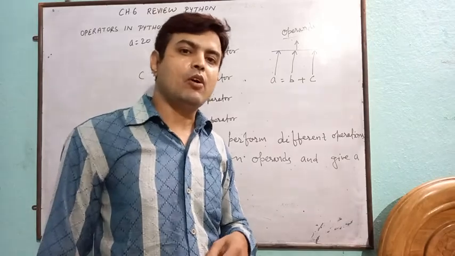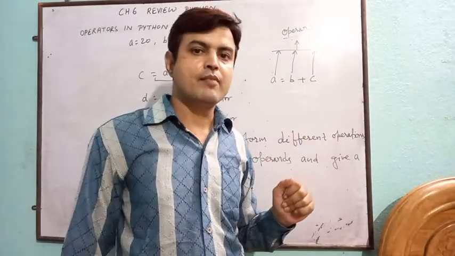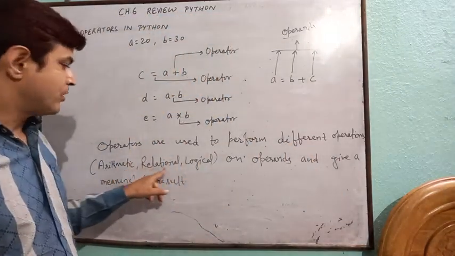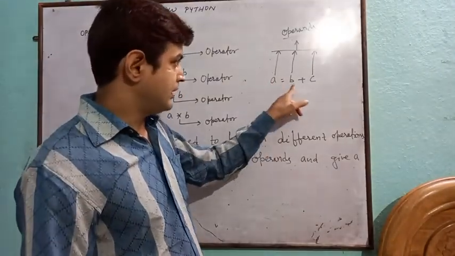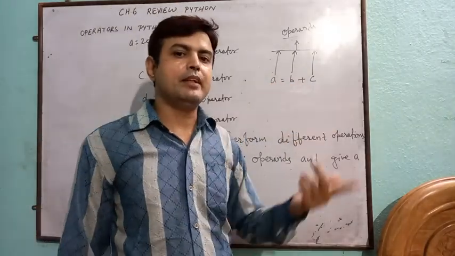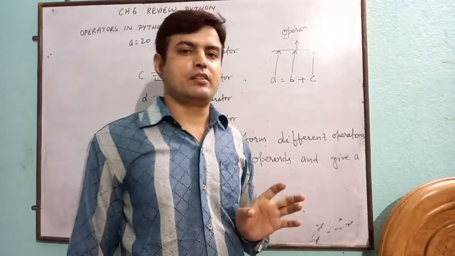What are operators? Operators are used to perform different operations, which may be arithmetic, relational or logical, on operands. Here the operands may be variables or numbers. They operate on operands and give a meaningful result.